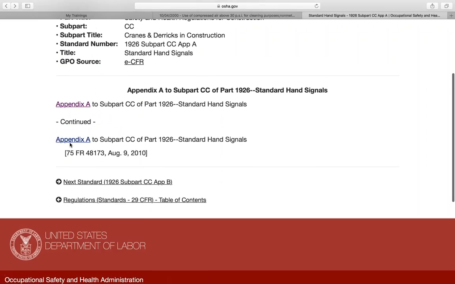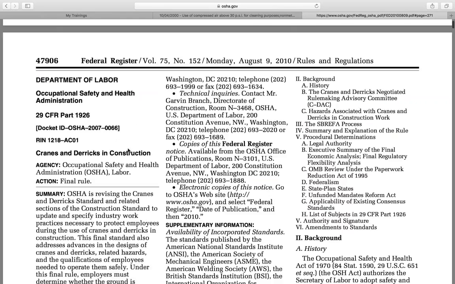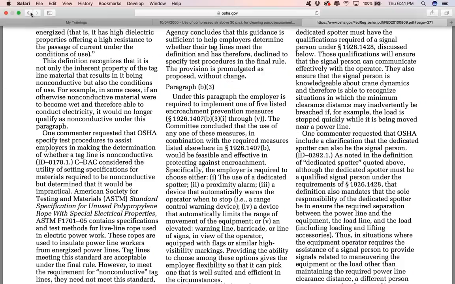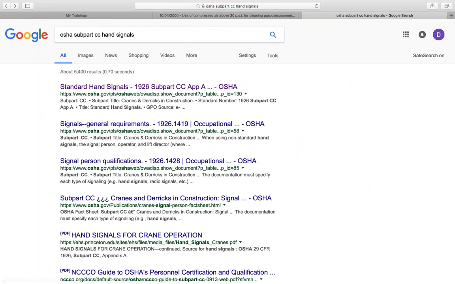I'm almost certain they have the electronic version as well, and they will have all the hand signals in the CFR. So if anybody has the 1926 book, you'll be able to pull them up out of the book and see what the signals are as well.